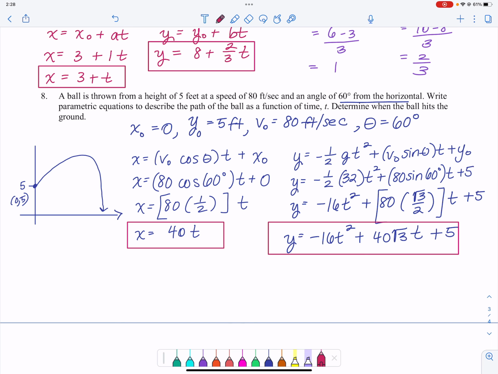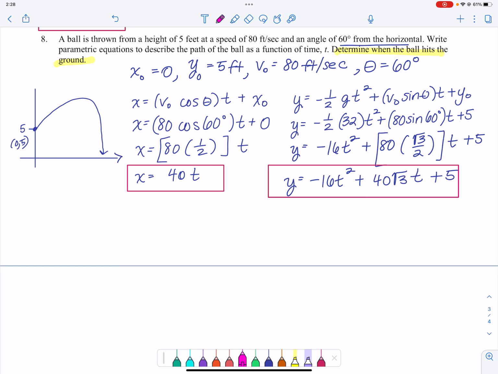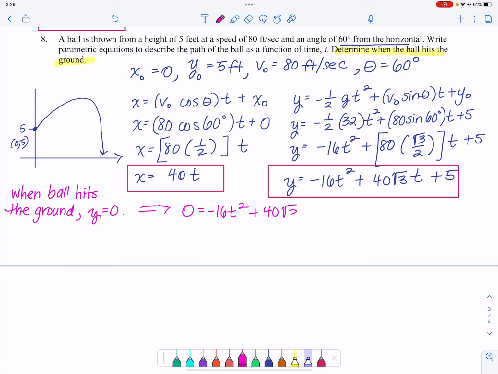Now, the question was, determine when the ball hits the ground. So at the ground, so when the ball hits the ground, y is equal to 0. So let's go ahead and plug in 0 for y. So we have 0 equals negative 16t squared plus 40 root 3 times t plus 5.